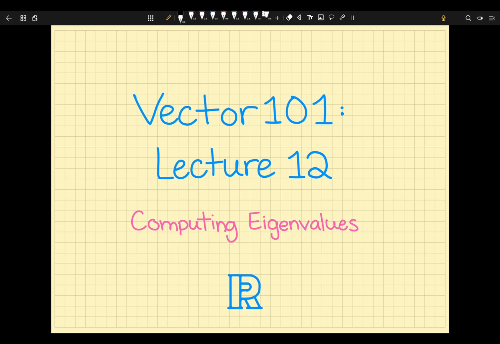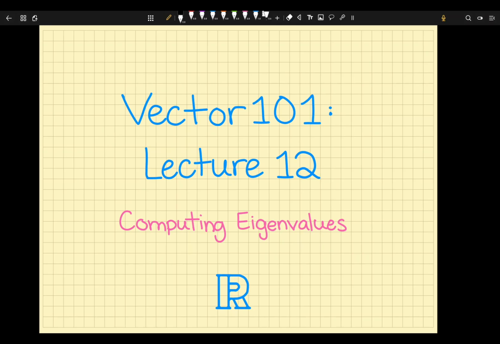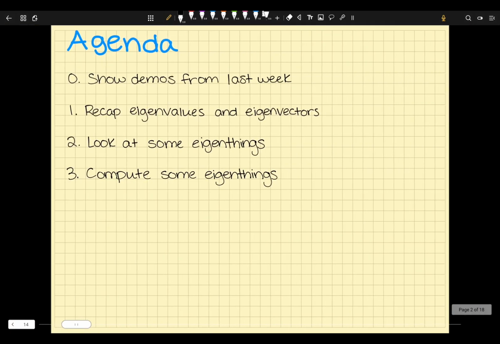Okay, right, let's get on to computing eigenvalues. Or well, not quite, because the first thing we have to do is look at the demos from last week. If anybody hung around to the very end of lecture 10, I had some demos for you and they broke. I realized they broke because the row reduce code that we wrote must have had some issue with it.